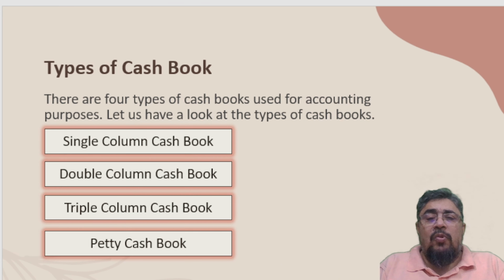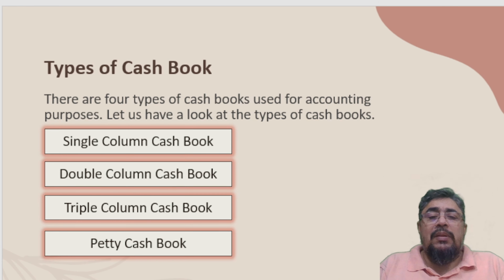Next, double column cash book. A two column cash book is used to record cash and checks. A cash book is the only book of primary entry which is also part of the double entry, since cash and checks received are debited and payments are credited.